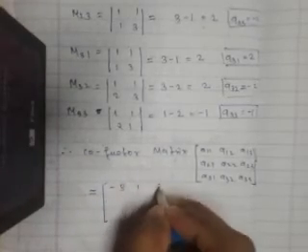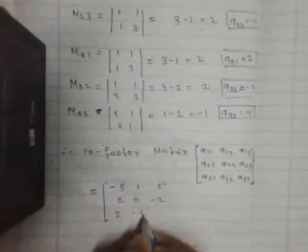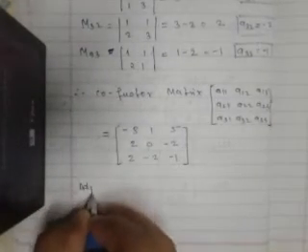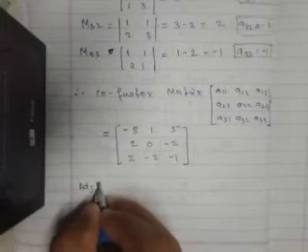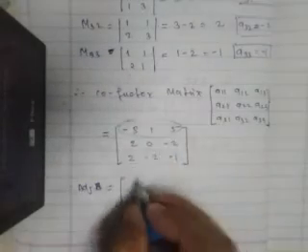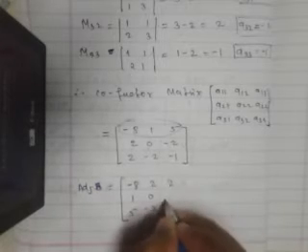Now we write these elements: minus 8, 1, 5, 2, 0, minus 2, 2, minus 2 and minus 1. Now we take the transpose of this matrix, and I will get the adjoint of B. I write all the row elements in columns: minus 8, 1, 5, 2, 0, minus 2, 2, minus 2 and minus 1.